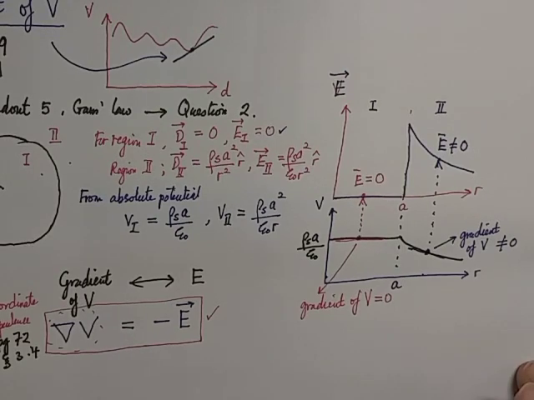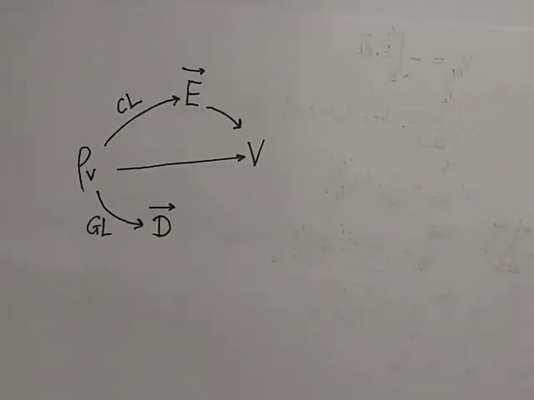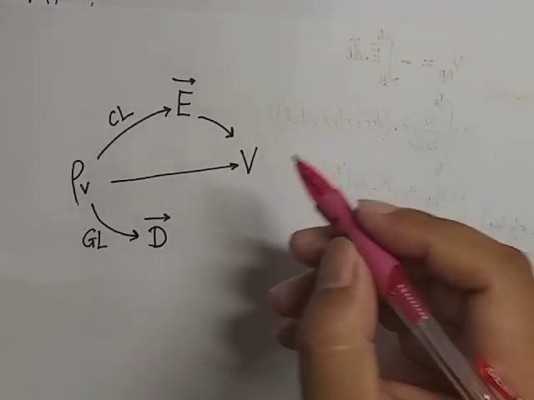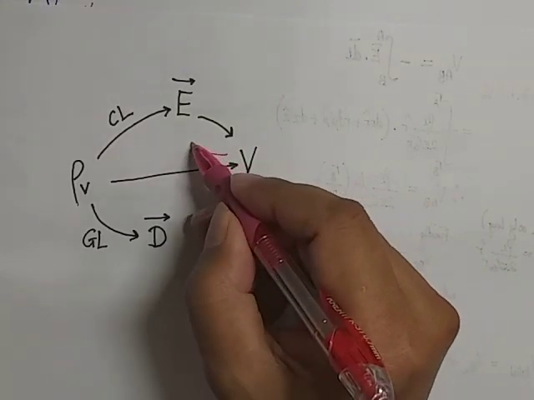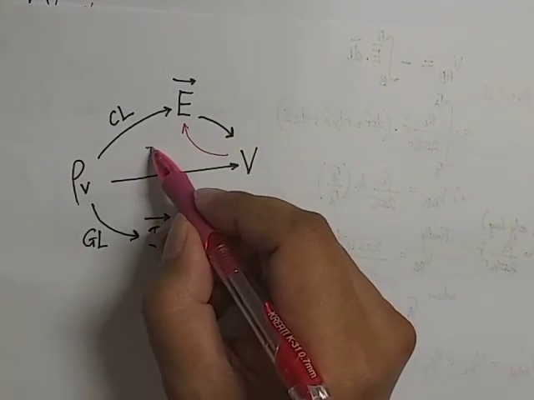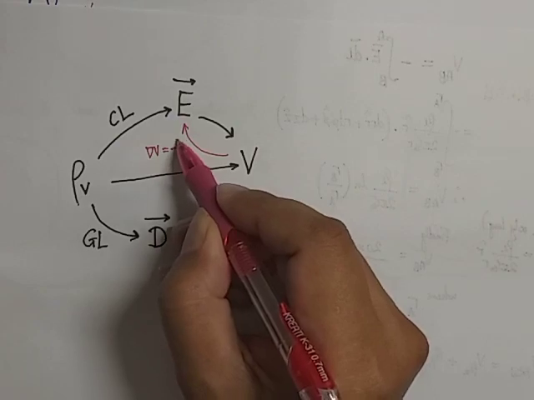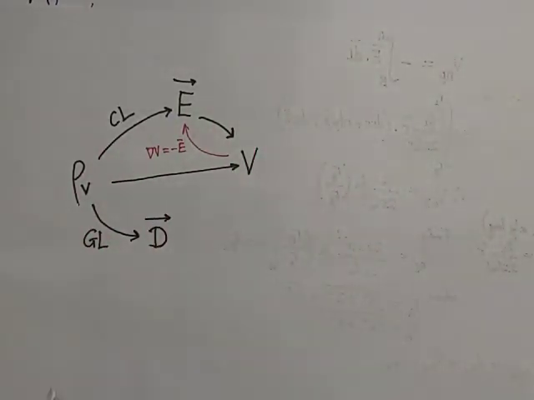So let's recap our overview graphical presentation of what we have learned. Now we've been informed that if we know V, we can find E. How? By using this equation, the gradient of V equals negative E. This is the step that we add to our overall graphical representation of electrostatic topics.